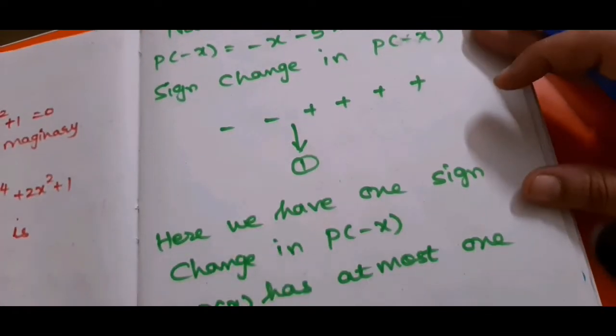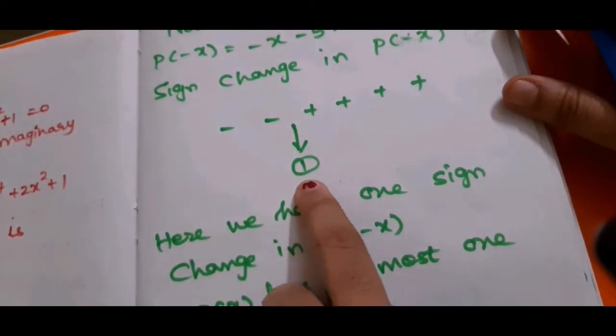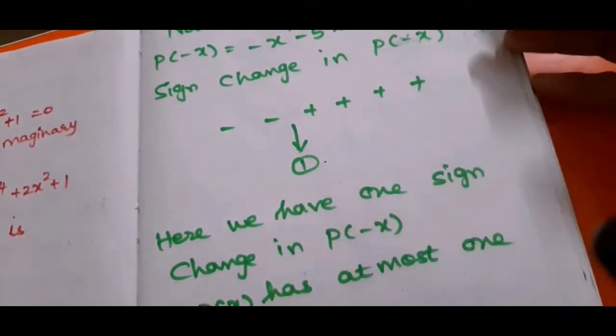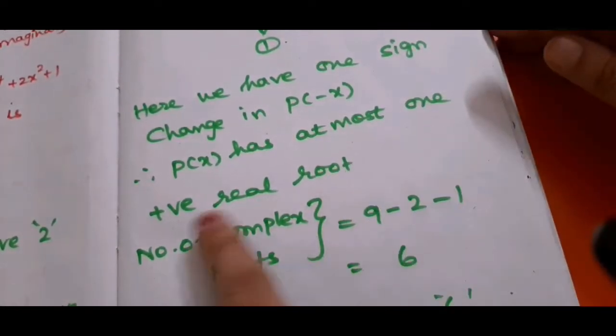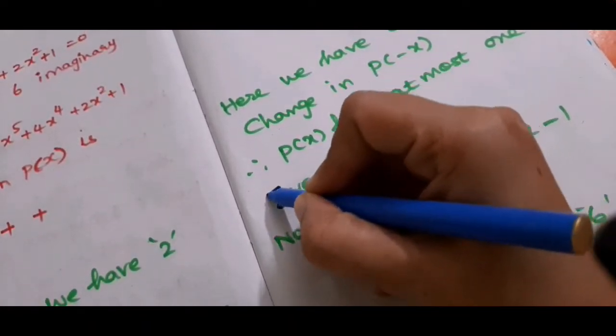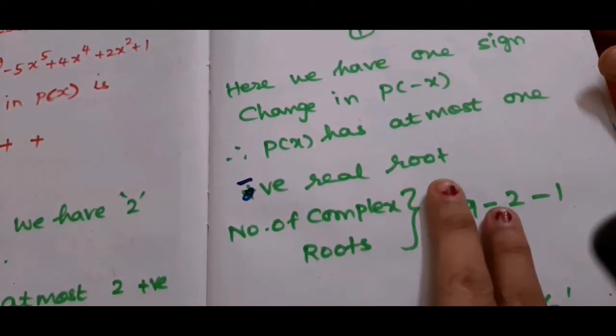Therefore clearly we can observe that from negative to positive there is only one sign change in p of minus x. Therefore p of x has at most one negative real root.